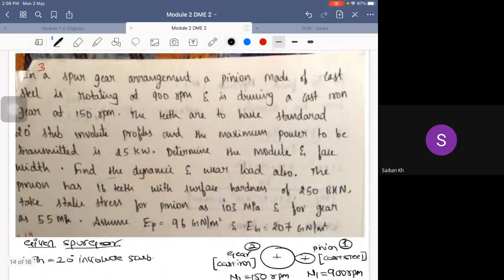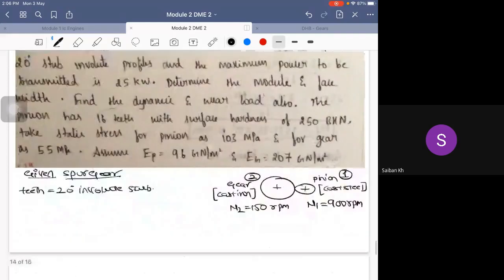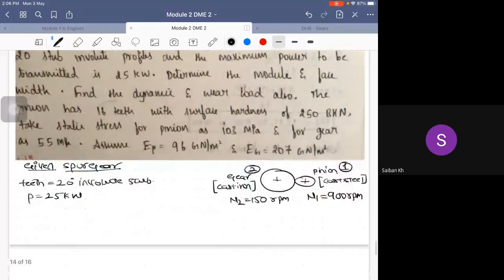Next, the maximum power to be transmitted is 25 kilowatts. So power to be transmitted, take it as 25 kilowatts. Next, determine the module and the face width. So first you have to find the module, which is being questioned. Second is the face width, which is being questioned.